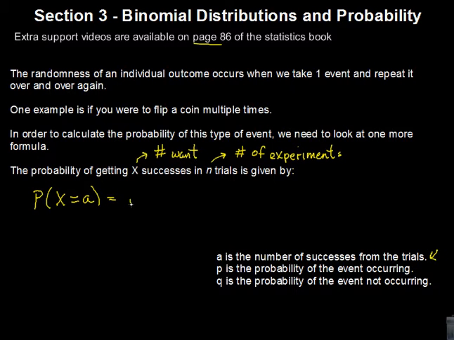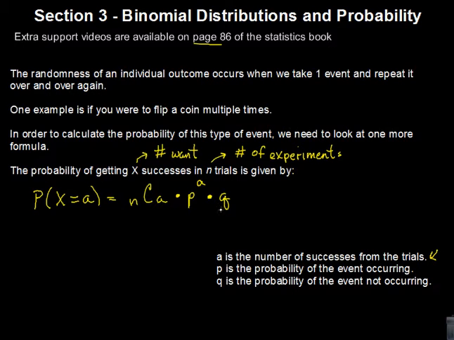We take a combination and we multiply it by our first probability, P, to the number of successes we want, times Q, which is the number of failures. So if we want heads and we want 25 heads, our probability of heads is 1/2 and A would be 25. Our probability of tails, Q, tails is the failure. If we're looking for heads, tails is a failure.